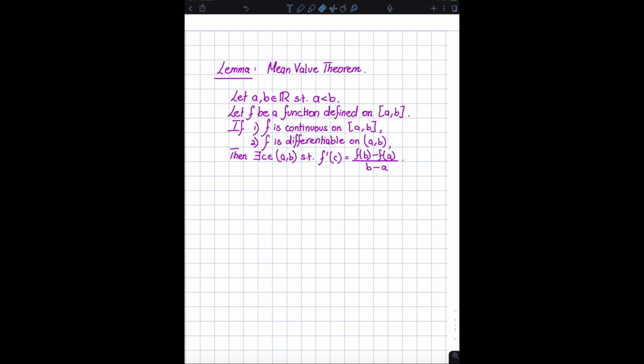So to give you a little bit of an idea about what this theorem is essentially saying, it's something like this. Let's say that you have a graph. Let's say this is point A, this is point B, and I'm going to label these 2 points, and I'm going to draw a graph over here.